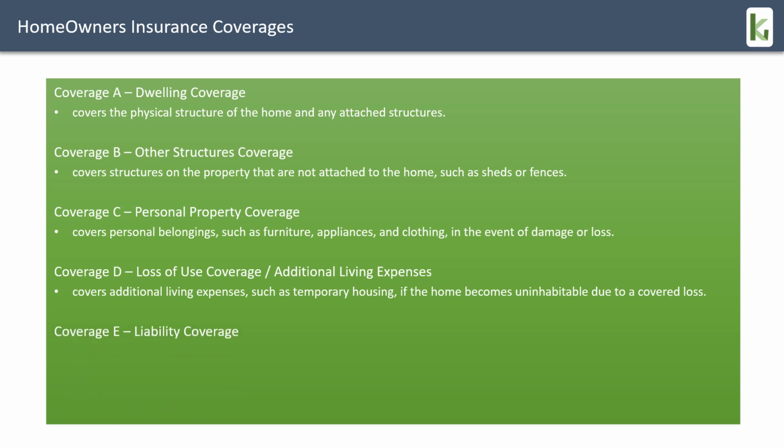Then we have liability coverages. One is coverage E, that is liability coverage, which covers the policyholder's legal responsibility for any injuries or property damage sustained by others on the property. As for the term liability that we discussed, you can also refer to our video on property and casualty insurance, where casualty insurance is the liability insurance, right?